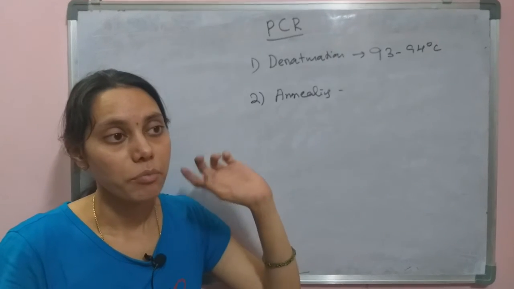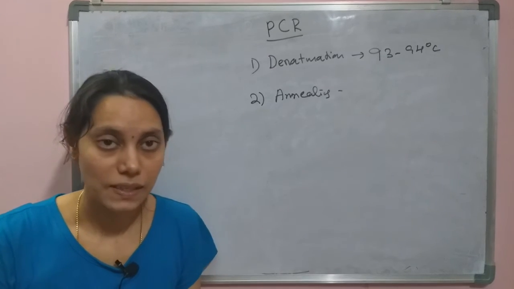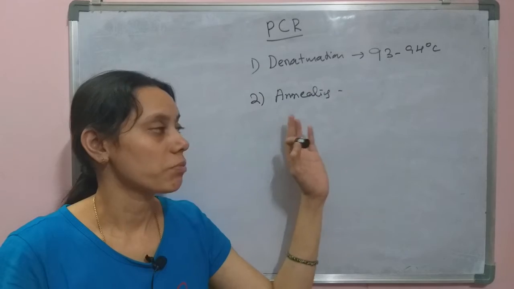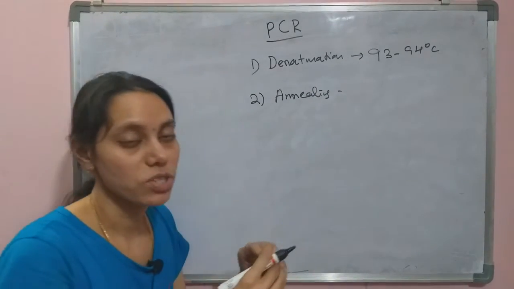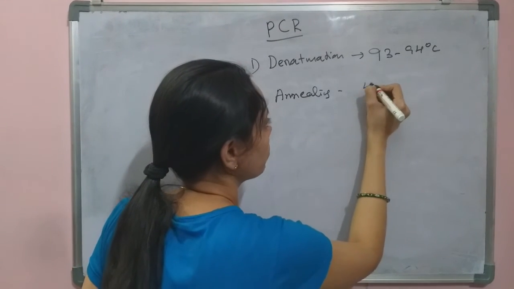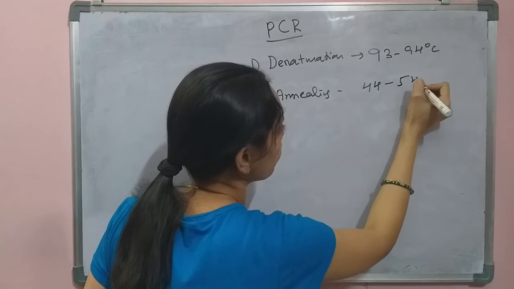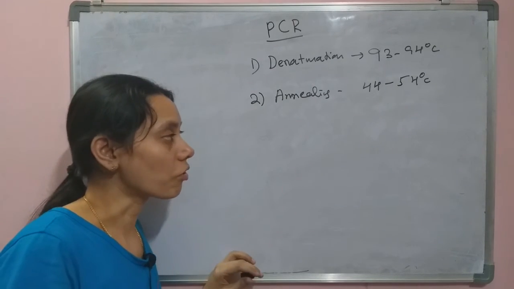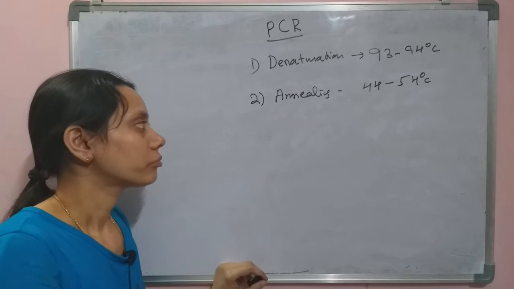And also based on the GC content of the primers, we decide the optimal temperature for the primer binding with the target sequence. So these are the two factors which decide the primer binding temperature, between 44 to 54 degrees centigrade. So generally the average temperature of the annealing would be between 44 to 54 degrees centigrade.